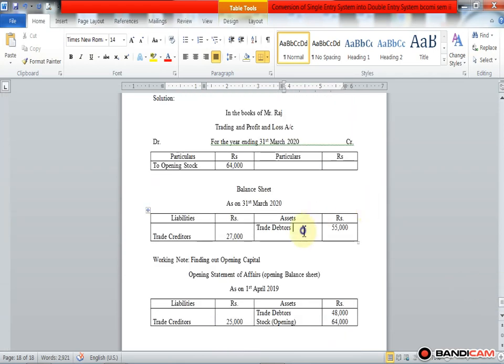Stock (closing) amounted to rupees 73,000.